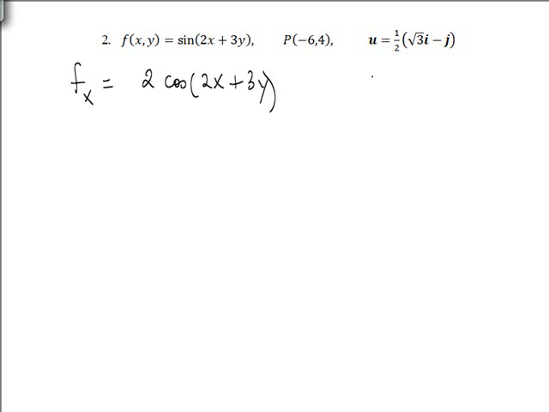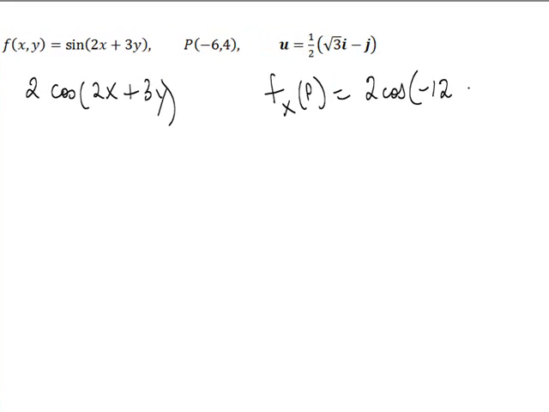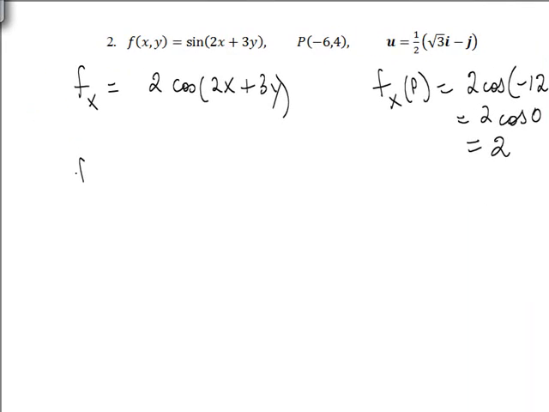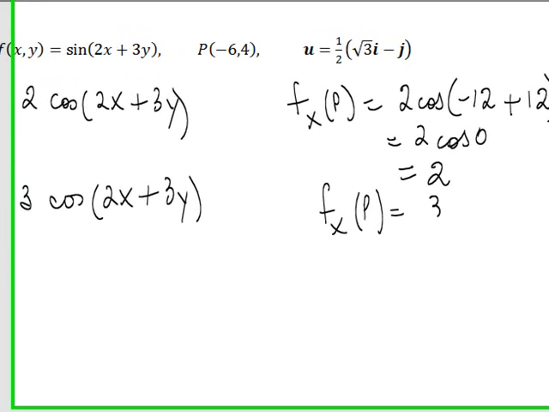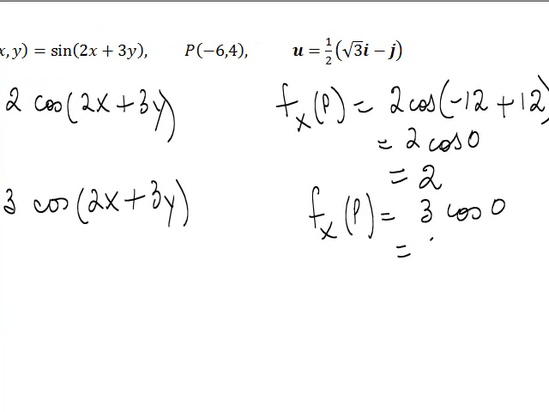Find the partial at the point P. So that is 2 cosine 2x, that's negative 12 plus 3y, 12. So that's 2 cosine 0. Cosine 0 is 1, so that's 2. Partial with respect to y is 3 cosine 2x plus 3y. At P is 3 cosine 0, which is 3.